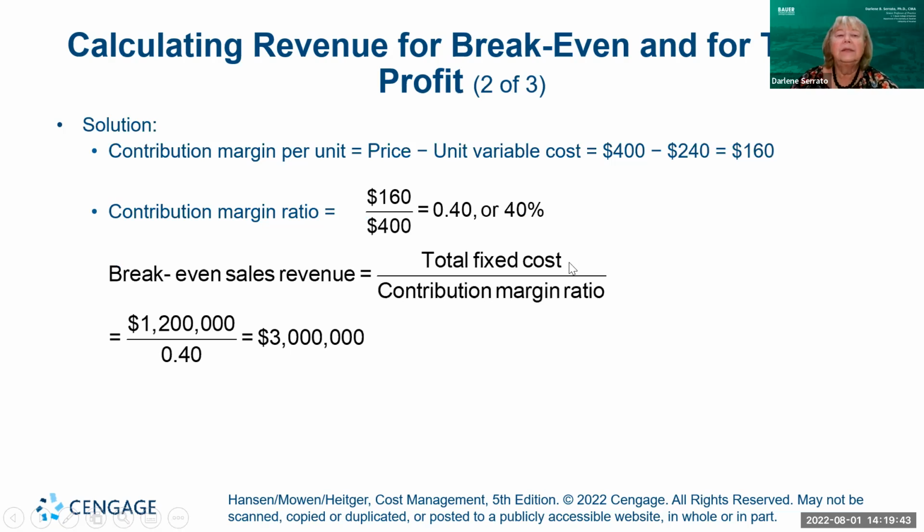Okay, so 160 contribution margin per unit. Contribution margin percentage is 40%. Break even in sales revenue, fixed cost of 1,200,000 divided by the contribution margin percentage of 0.40 is $3 million in sales.